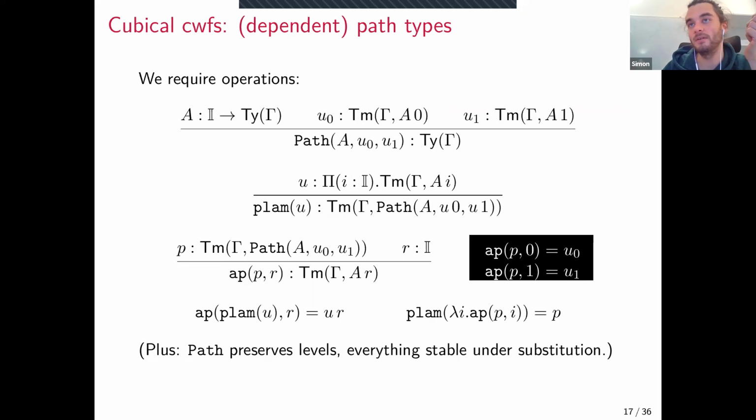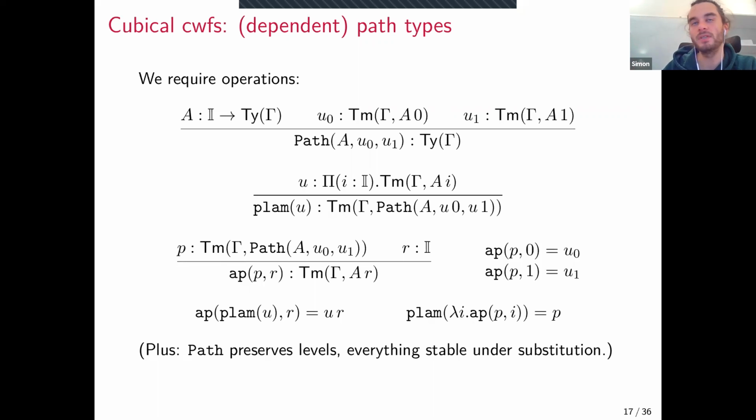And I have the usual definitional equations. This P should connect U0 to U1, and I have a beta and eta law for these. There's also an assumption that this path preserves levels, and all this has to be suitably stable under substitution.